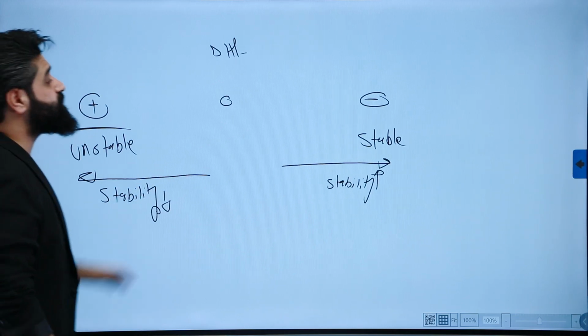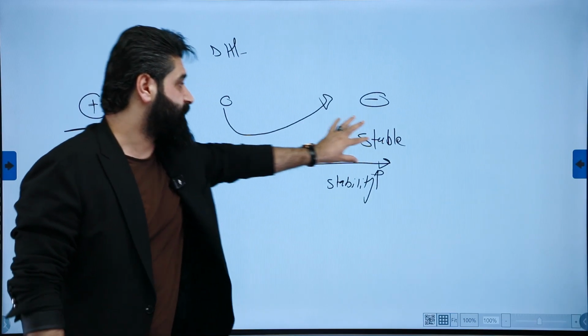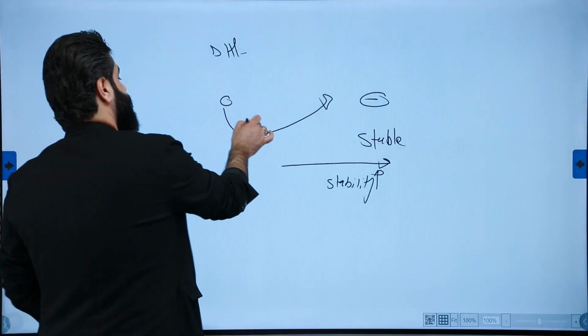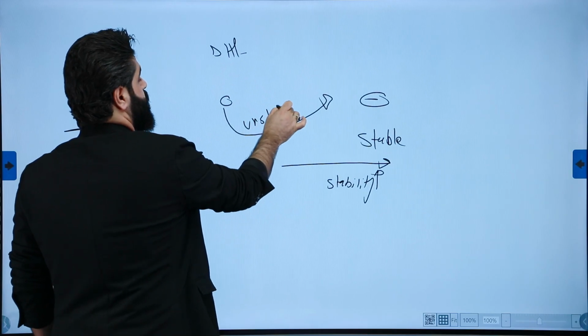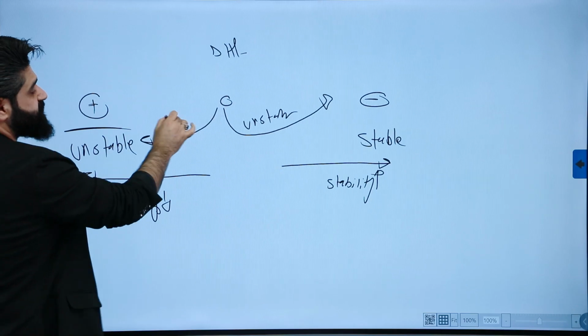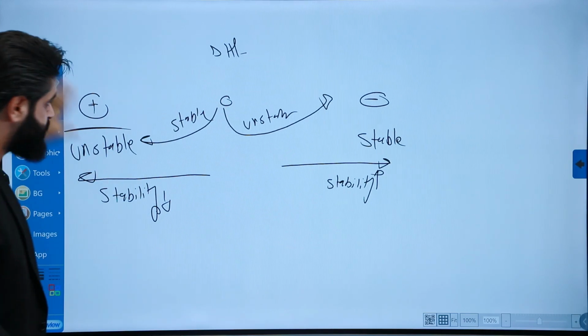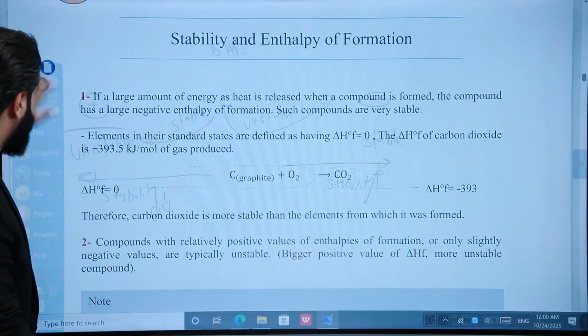Good. How about 0? 0 compared to the negative value, negative is stable, 0 must be unstable. 0 compared to the positive value, positive is unstable, so 0 must be stable compared to this. Wow, it's easy, I think.